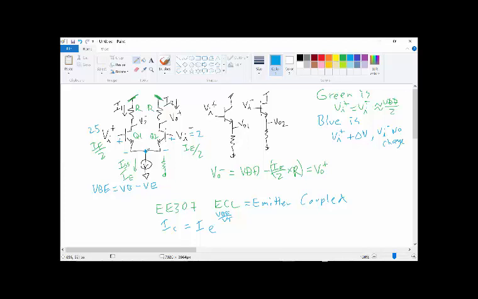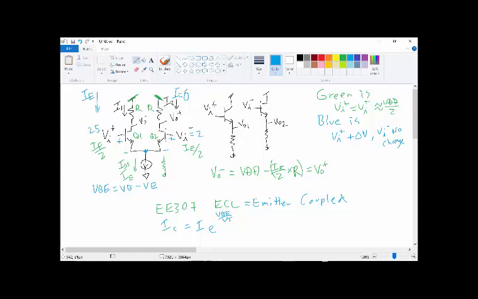When the inputs were equal, you had an equal amount of current on both sides. But now, when you change VI plus a little bit, it exponentially wants to turn up its current, and so it steals it from the right side. Now pretty much all of the current will go through this side, and the current over here equals 0.